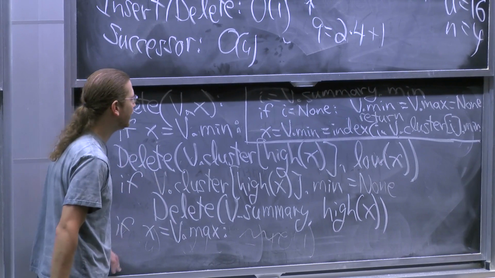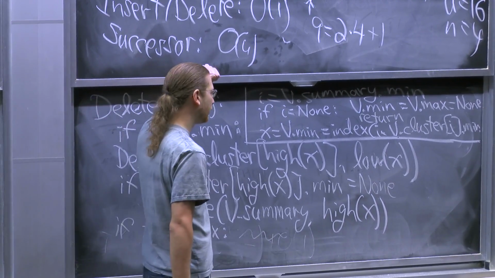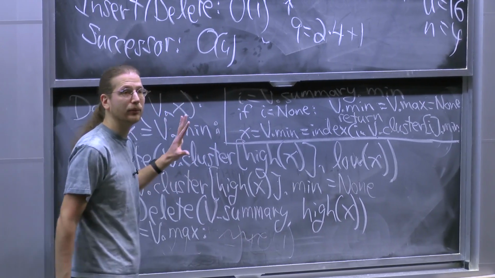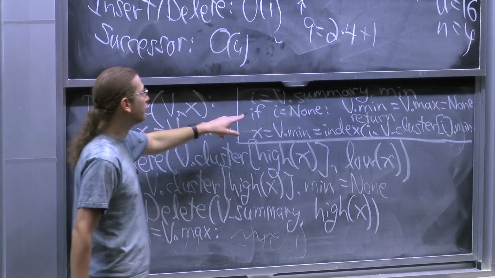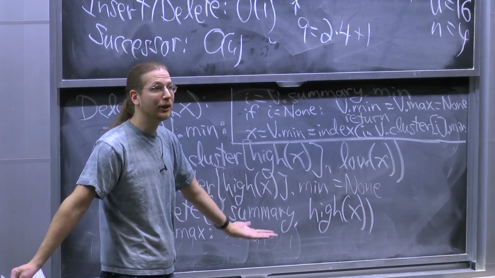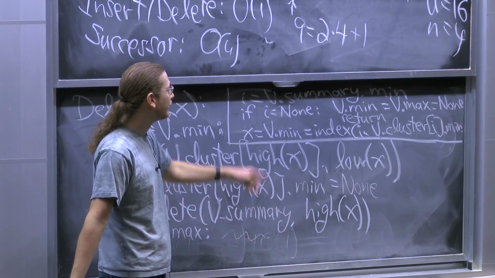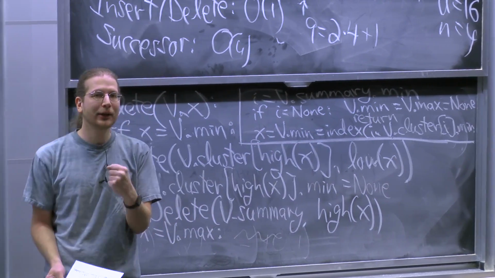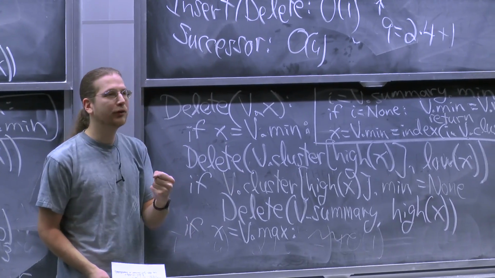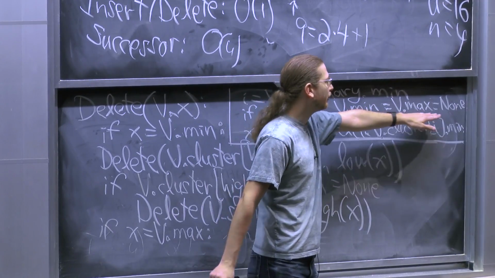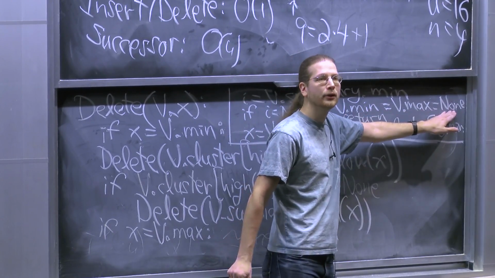It's a little bit subtle. But the key thing to check here is we want to know, is this the last item? One way to do that is to look at the summary structure and say, do you have any non-empty clusters? If you don't have any non-empty clusters, that means your min is none. And that means the only thing keeping the structure non-empty is the minimum element that's stored in v.min. So in that case, that's the one situation when v.min becomes none.